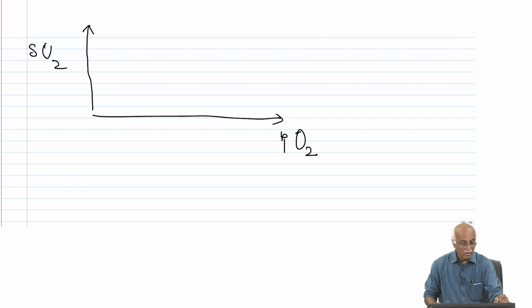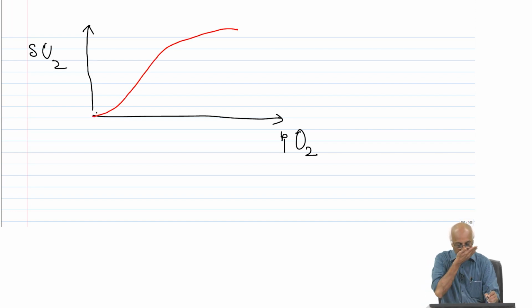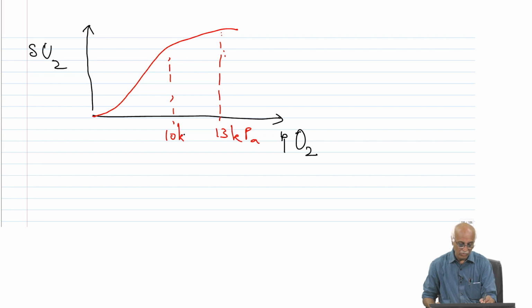Generally, when carboxyhemoglobin is not playing any role, it is like this, and we know that this value is around 13 kilopascal, this value is around, let us say, 10 kilopascal or so, and it starts decreasing exponentially with the decrease in oxygen concentration in terms of partial pressure. Below 10 kilopascal, the saturation parameter decreases very fast.